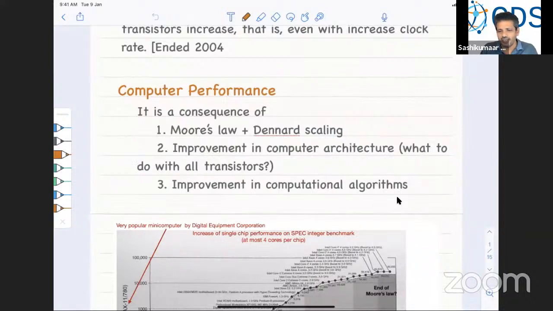Of course, the improvement in computer architecture is necessary for performance, and the improvement in terms of speed or in terms of the number of processors is something one has to take into consideration. And the third component is the computational algorithms. You cannot just use old or inefficient algorithms.